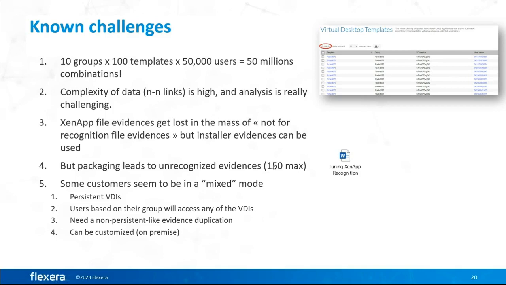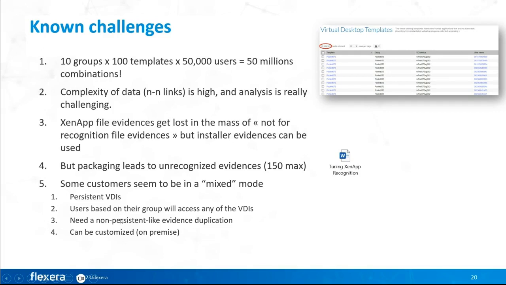You may have 150 unrecognized evidence, which is manageable. In a project, it will take maybe 3 hours to remap these 150 unrecognized evidence to the right applications. And the final one, which I've seen sometimes but not always: some customers have a mixed mode where they have persistent VDIs, but multiple users access these persistent VDIs.